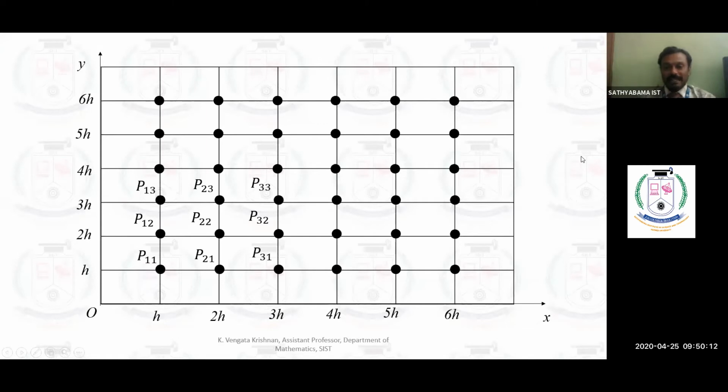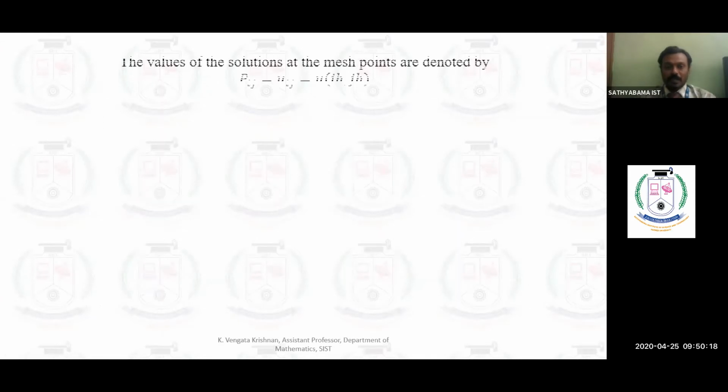Next, let's relate these mesh values with the solution to our partial differential equation. We can take the mesh points Pij as our solution to the PDE at the point Pij, that is u of ih, jh.